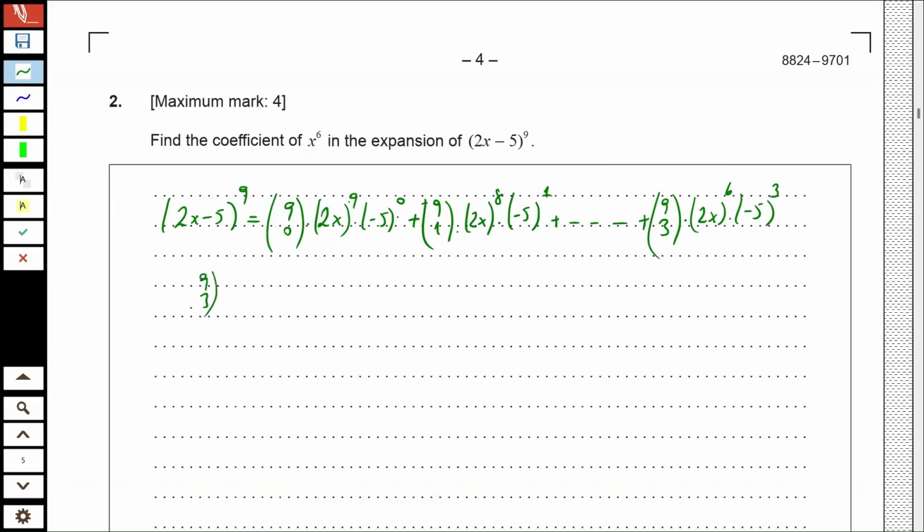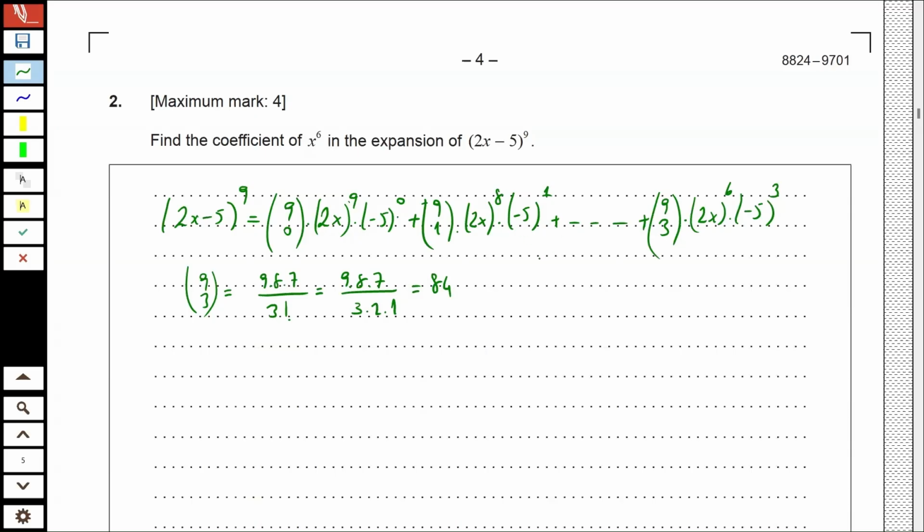So what is 9 choose 3? It is 9 times 8 times 7 divided by 3 factorial, 3 times 2 times 1, and that is 84.